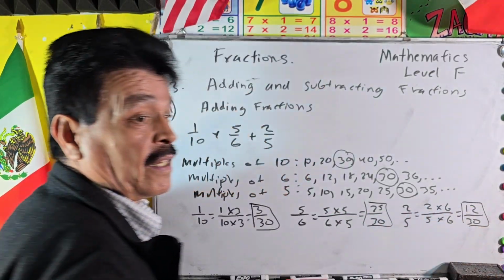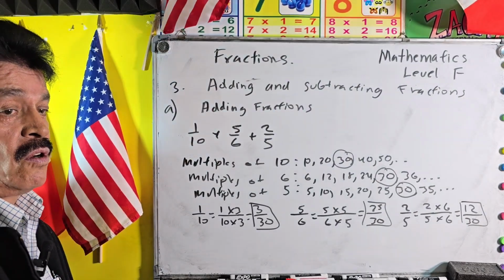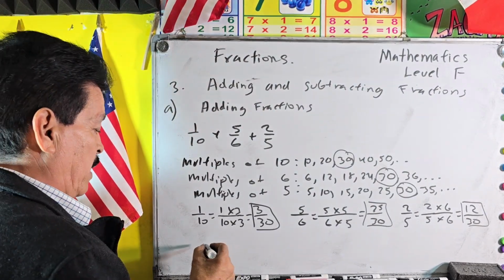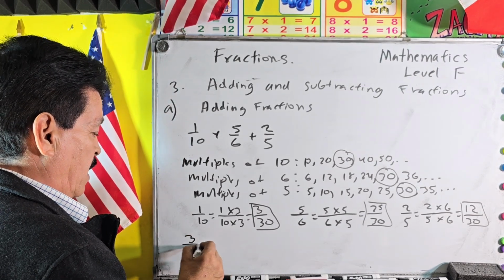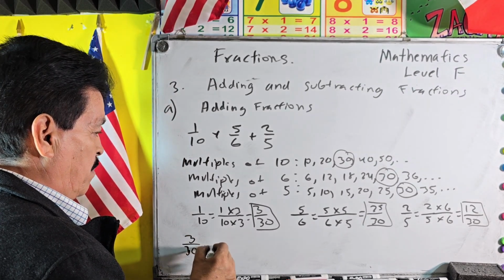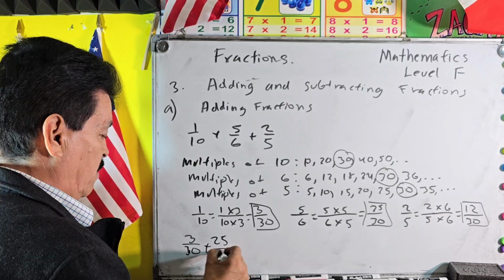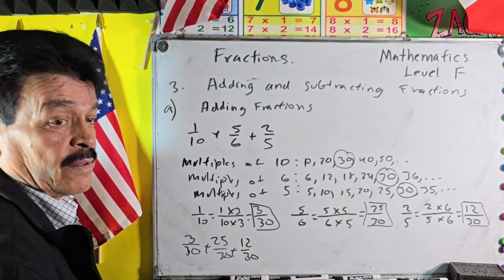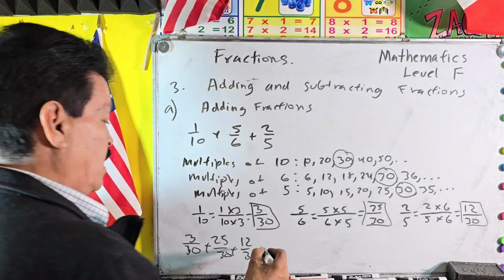It's easy to resolve the problem now. We have 3/30 plus 25/30 plus 12/30, right? You have all the numbers. This equals 40/30.